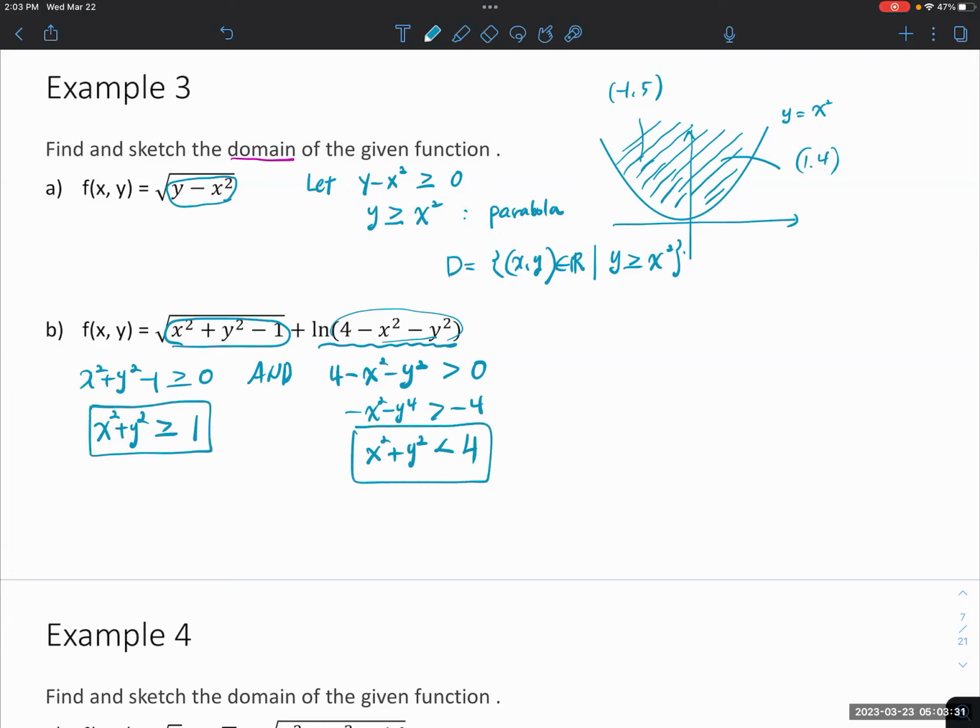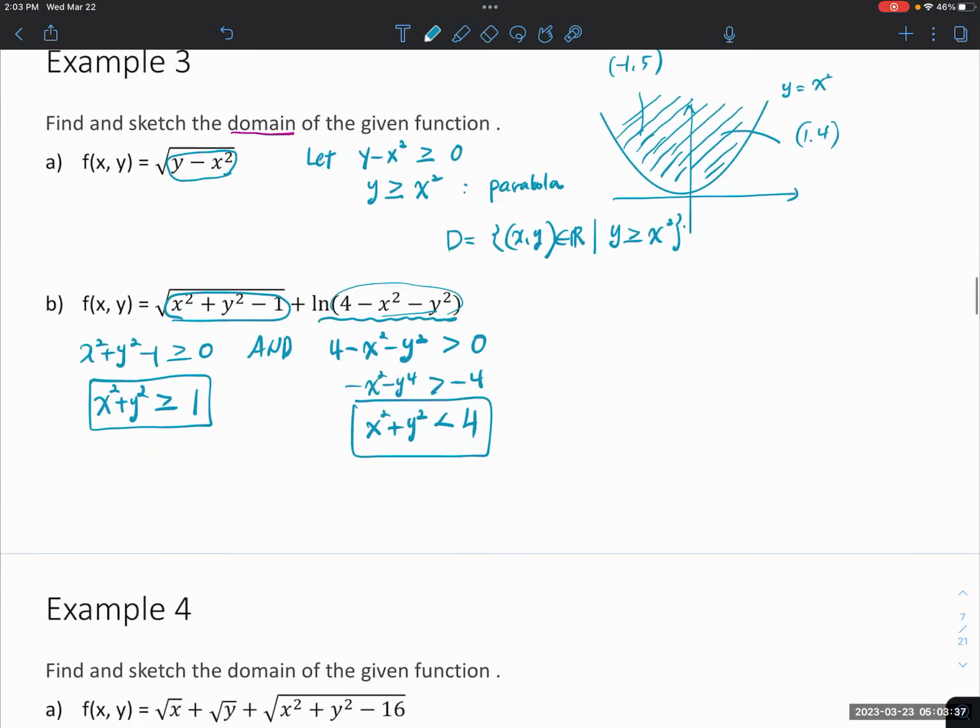Whatever is the intersection between them will be the domain, isn't it? So think about it. This is a circle equation. For the first one, r squared is 1, so the radius is 1. We are including equal, so the circle is going to be bold, and greater than means the area outside.